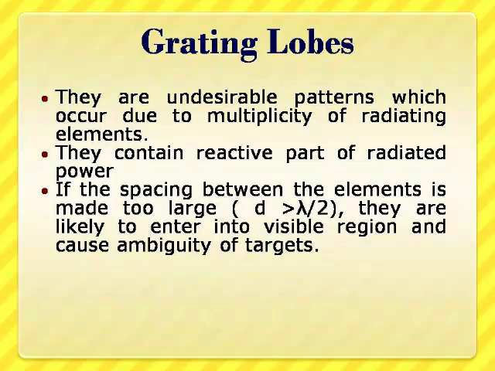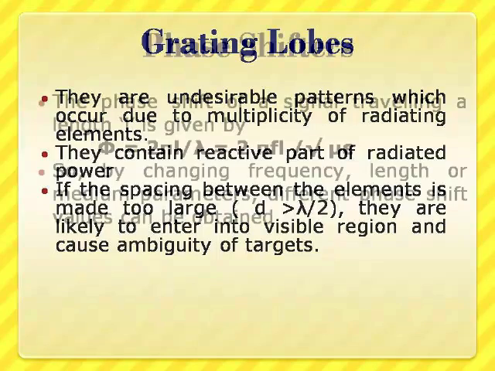So to avoid these grating lobes, even under non-scan condition, we place them just at the outside of the visible region. We hence design the antenna array with 0.5 lambda spacing.